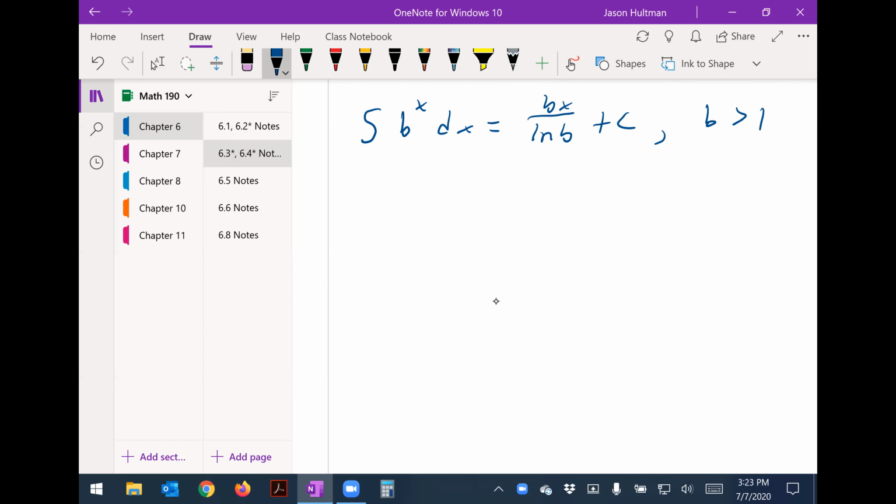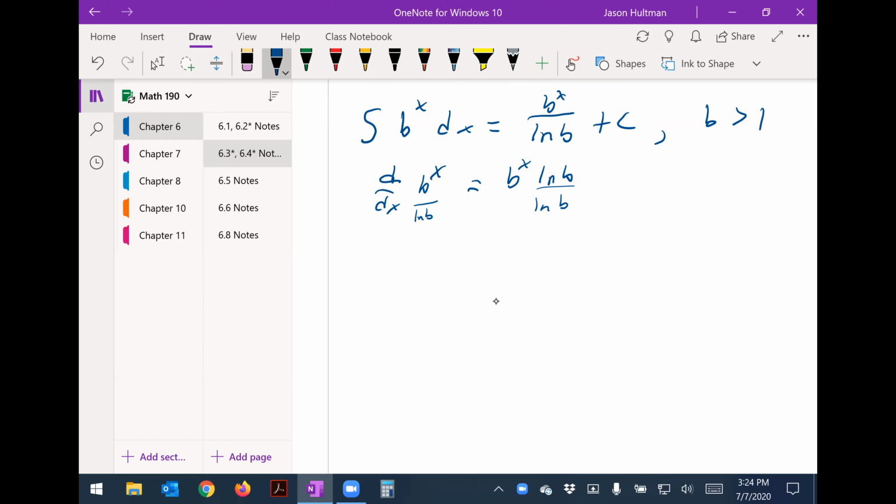Things that make you go, hmm. Why is that the integral of b to the x? Well, what was the derivative of b to the x? Wasn't the derivative of b to the x equal to b to the x natural log of b? But isn't natural log of b just a constant? So couldn't I just divide by natural log of b?